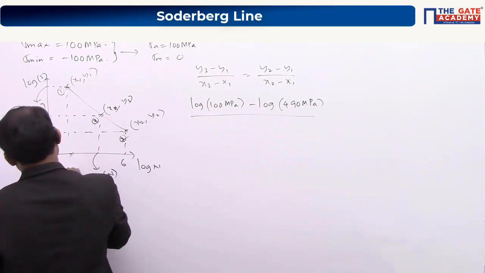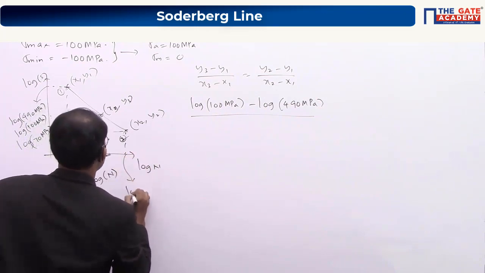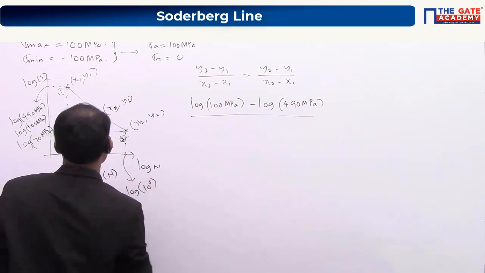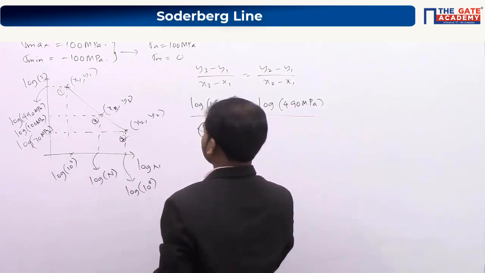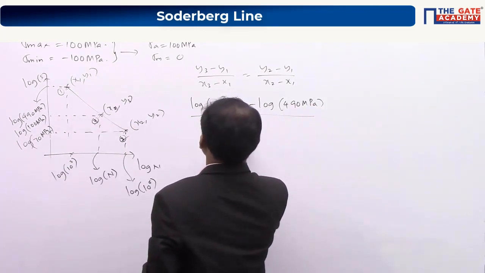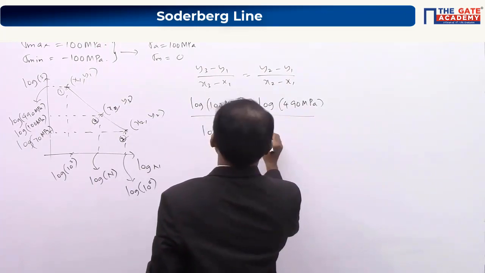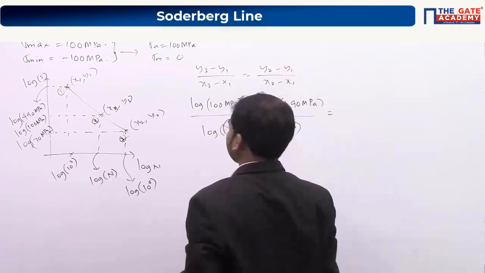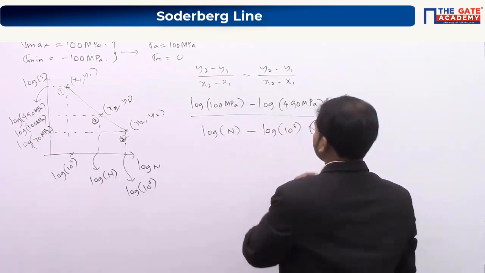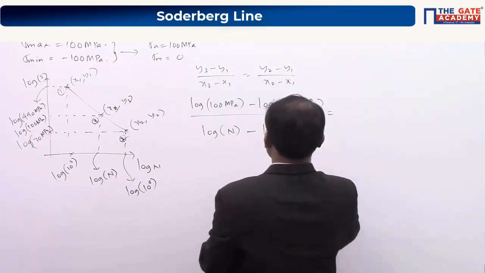So this is log of 10 power 3 and this is log of 10 power 6 actually. So x3 minus x1 is equal to log of n minus log of 10 power 3. So here it will become y2 minus y1. I'm directly putting it here. So this will become anyways 3.